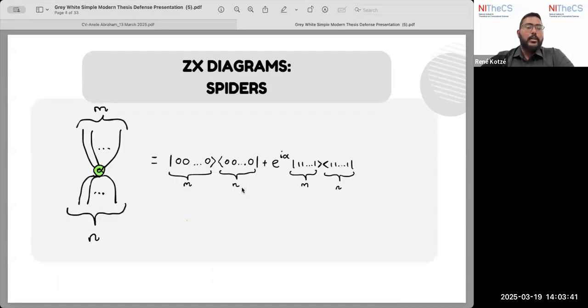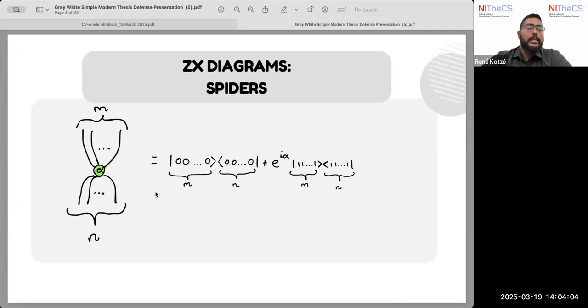So as a reminder, the language of ZX calculus is in terms of what we call spiders. So here we have a green spider. It has n inputs and m outputs, given by the wires going into and coming out of our spider. And it's colored in green, and it has a phase alpha written into it.